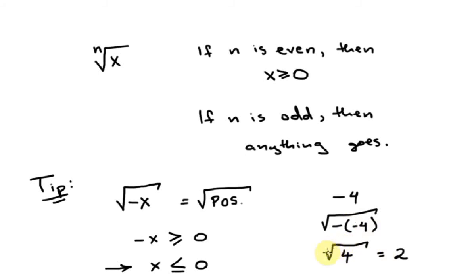So let's try something a little bit more complicated, one that requires some analysis. This time I'm looking at the 4th root of x to the 6th. All I want to know is, are there any restrictions, and if so, what?